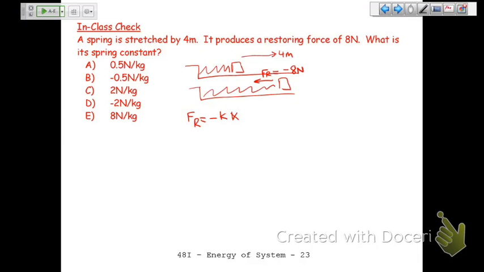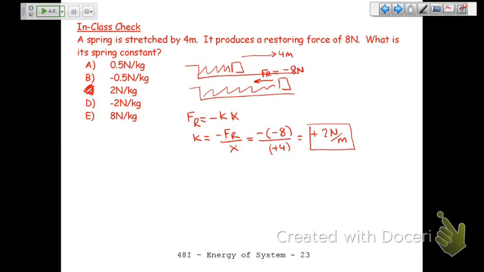So my K is equal to minus F_R over X. That is minus my F_R, which is minus 8, over X. My X is plus 4, which equals plus 2 newtons for every meter. So the answer would be C, not D.